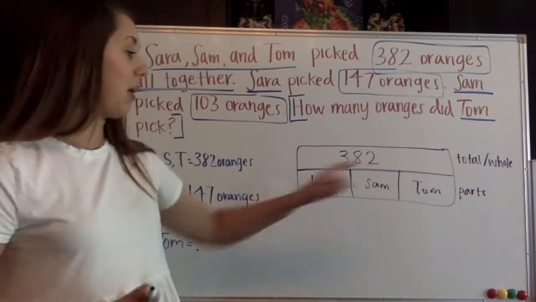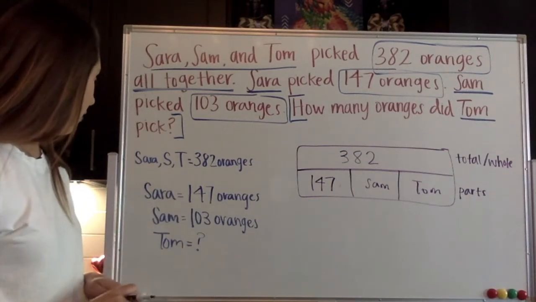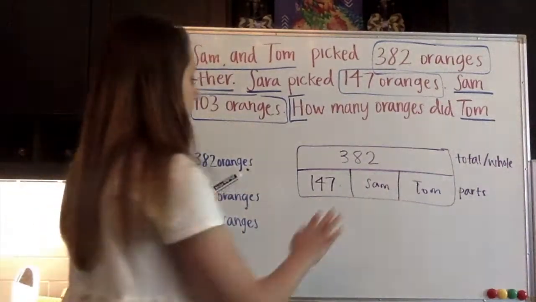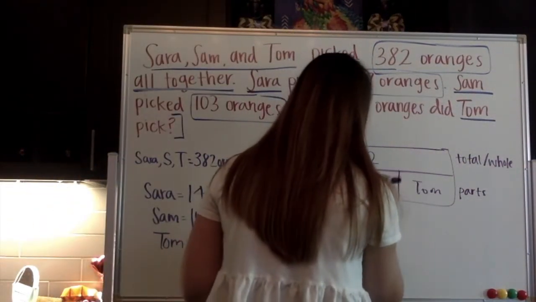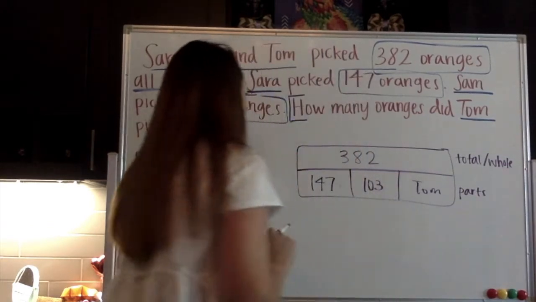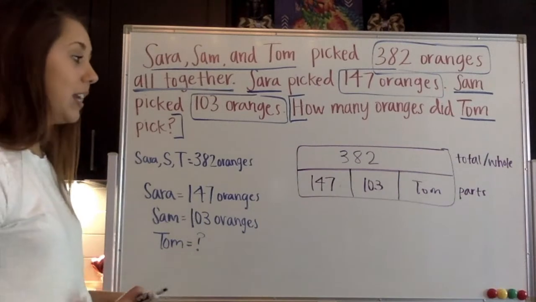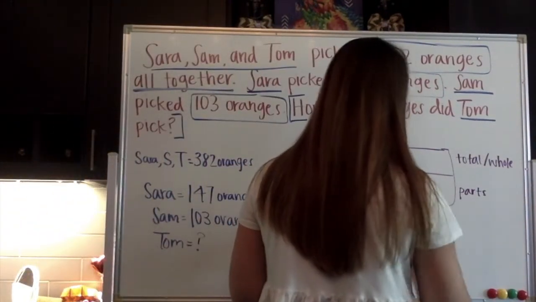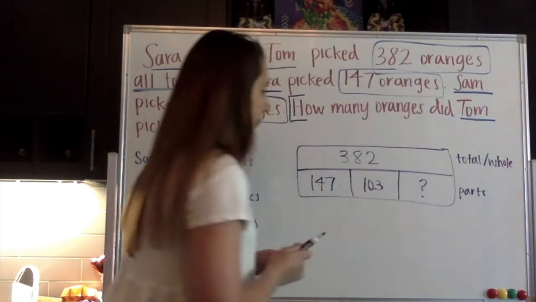Now in my next box, I'm looking for Sam. So I know if I go to my important information that Sam picked 103 oranges. So I can put 103 in Sam's box. And that just leaves us with one box left, and that is Tom's, and we do not know how many oranges he picked. That is what we are trying to figure out. So I'm going to put a question mark here.